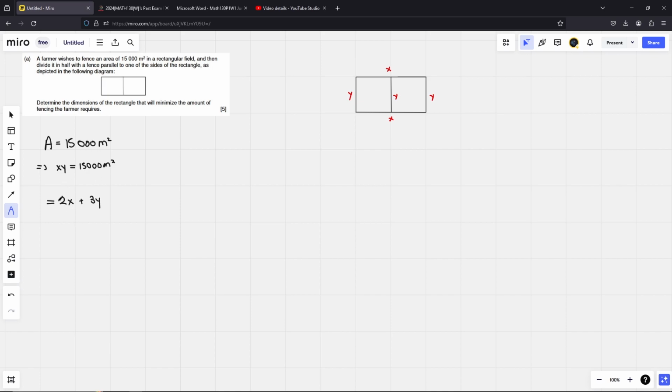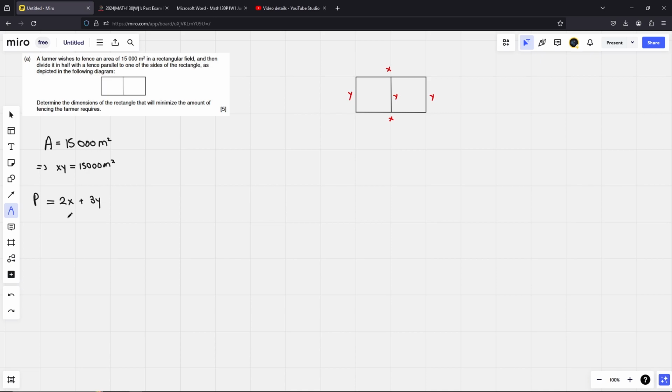And if I look at this carefully, that's just the equation for the perimeter. So I have the equation of the perimeter of this rectangle. Okay, and we want to minimize the perimeter, because if I minimize the perimeter, then I'm minimizing the amount of fencing required to make this rectangle.